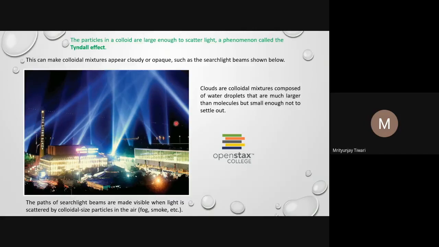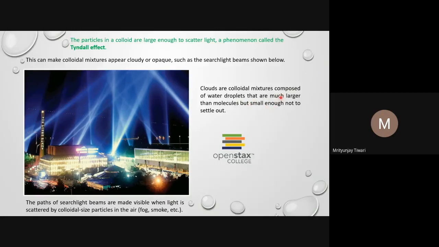And this is because you can see the path of the searchlight, because the searchlight passes through the colloidal charged particles. The clouds are colloidal mixtures composed of water droplets that are much larger than the molecules, because each is an aggregate of many molecules of water, but not so large that they will easily get settled out.